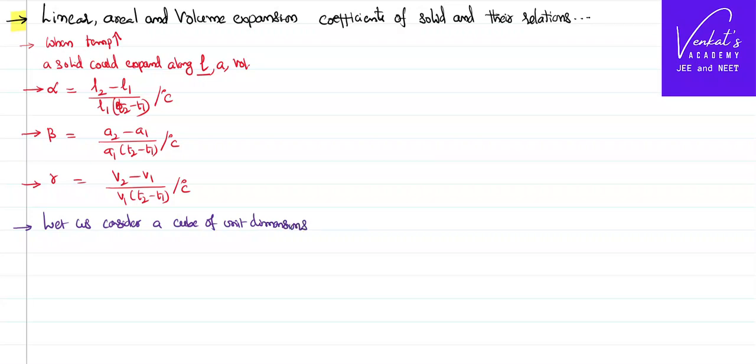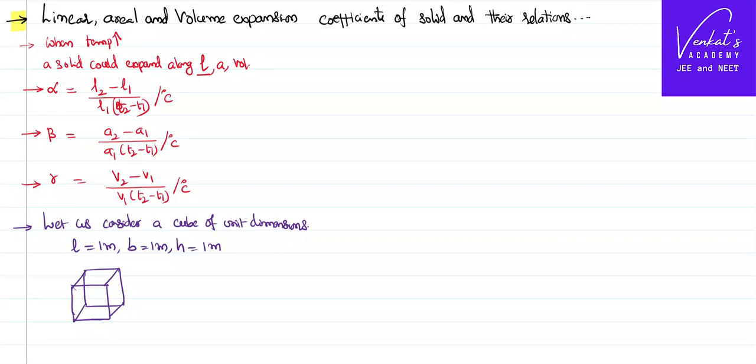What I mean by unit dimensions: its length is 1 meter, its breadth is 1 meter, its height or thickness is also 1 meter. It's a cube. So if I have to draw a diagram, I can draw it like this. It's a cube having unit dimensions all around.